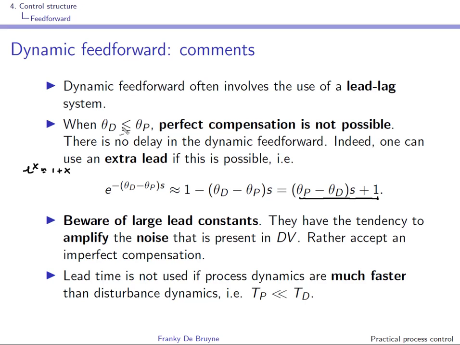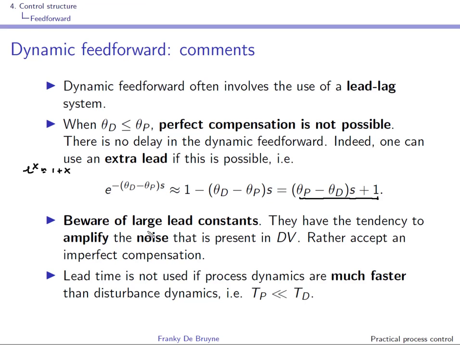So if the delay in the process is larger than the delay in the dynamics, perfect compensation is not possible. But what you can do in your feed forward, if this is possible, is to add an extra lead in your feed forward law, and this one will have then a time constant that is positive, right?